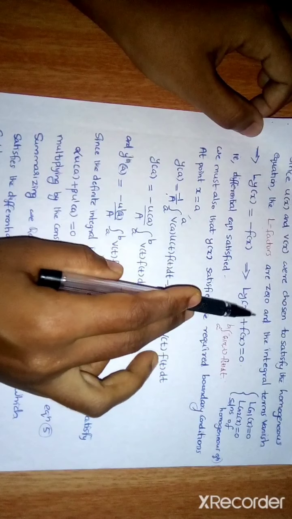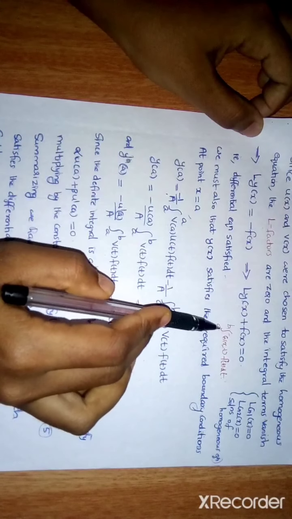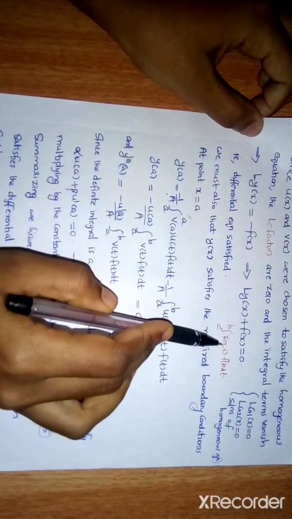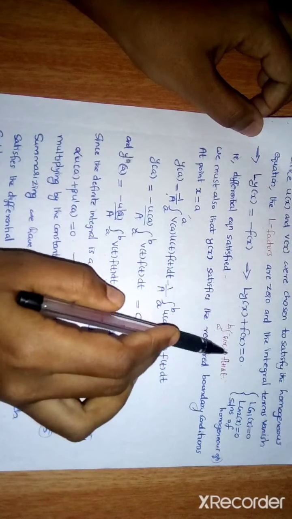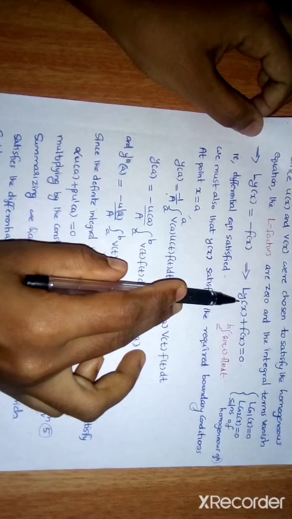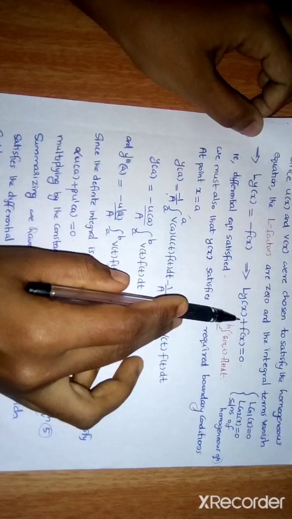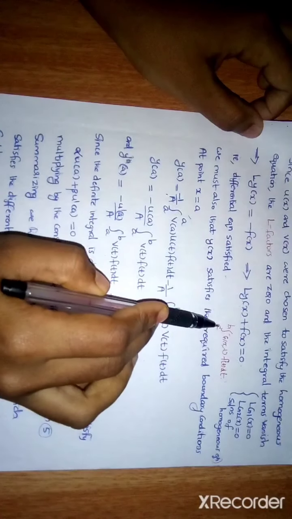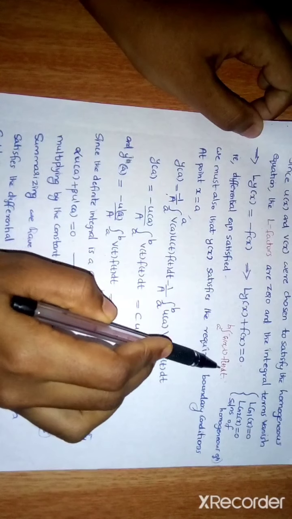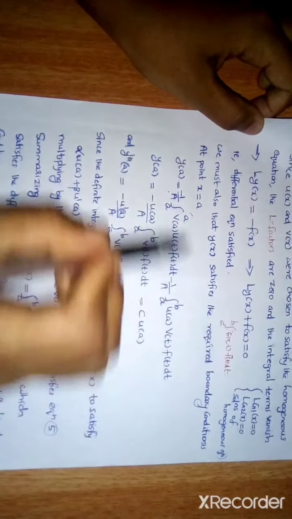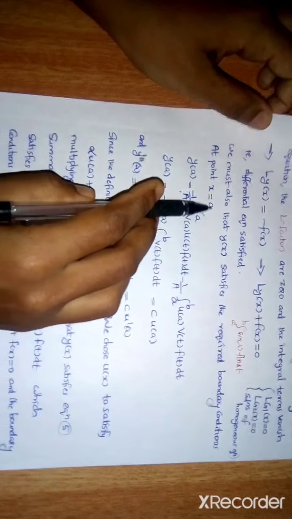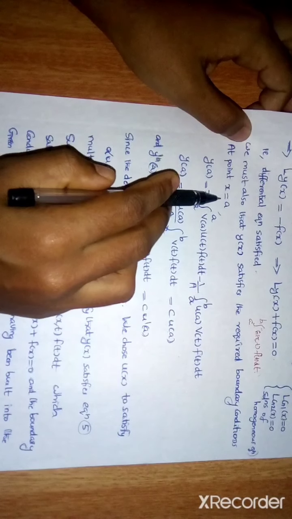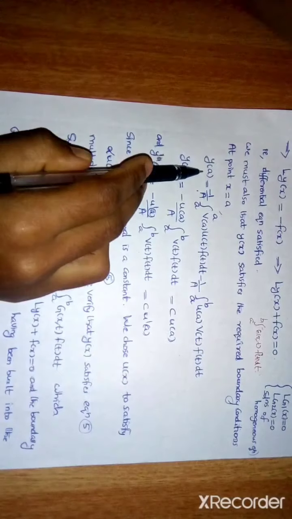That is, we started from an integral equation, integral a to b g of x, t f of t dt, and we finally arrived at this differential equation. So we can say the solution of the original differential equation is integral a to b g of x, t f of t dt. Now we apply some boundary conditions. At the point x equal to a, what will be the value of y of a?